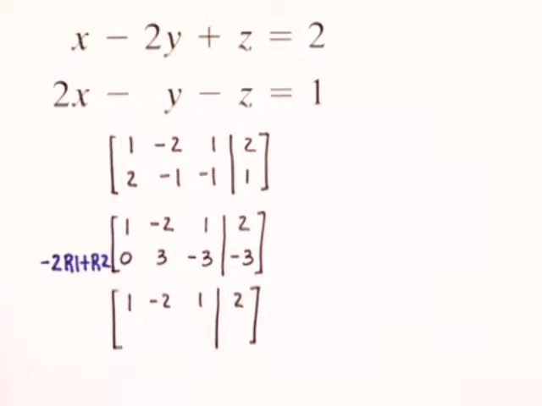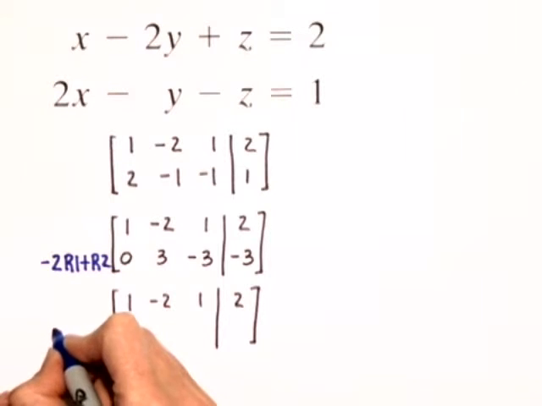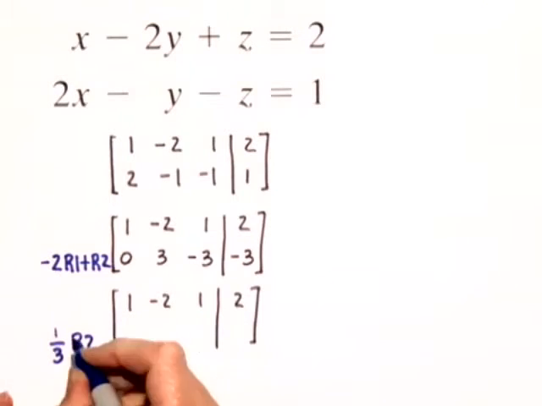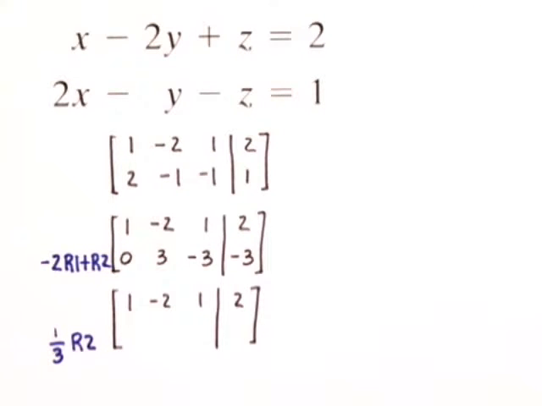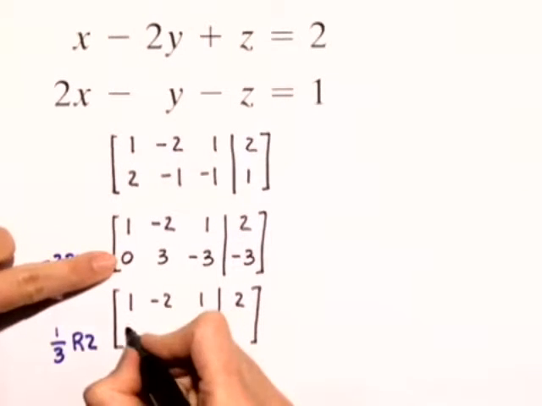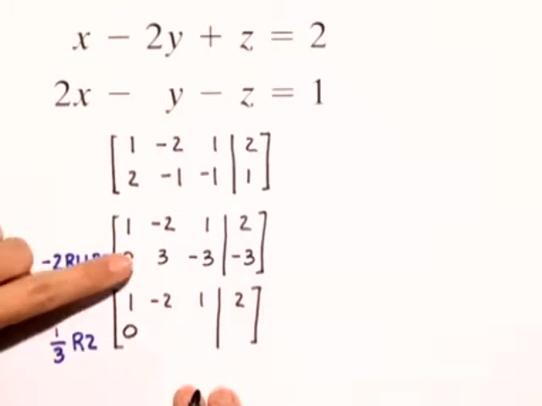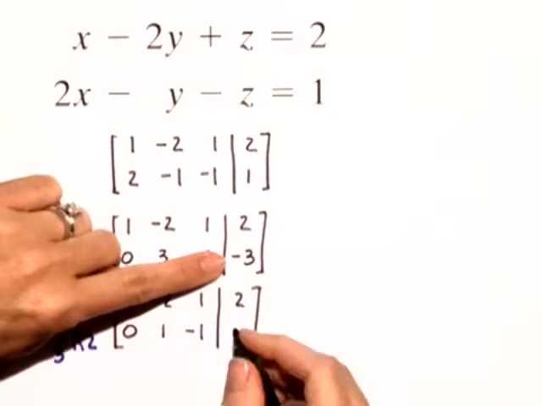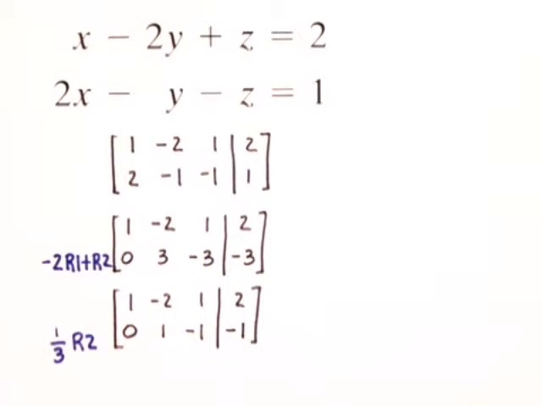I'm going to write down the elementary row operation that I'm performing outside of row 2. I'm taking each element in row 2 and I'm multiplying it by 1/3. So 1/3 times 0 is still 0. 1/3 times 3 is 1. 1/3 times -3 is -1. And again, 1/3 times -3 is -1.